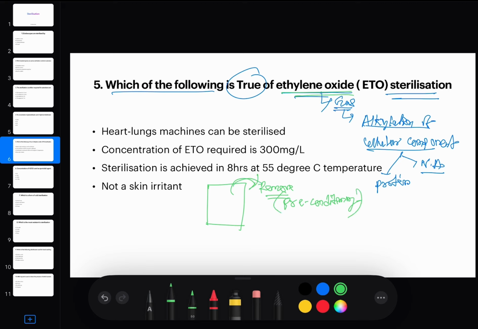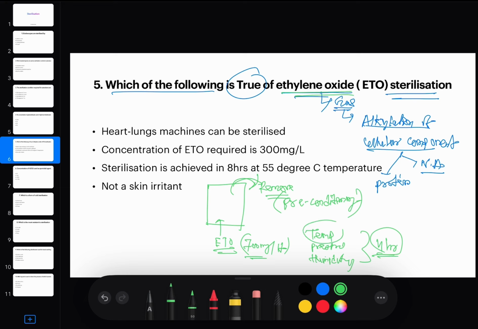First remove the air, create a vacuum, then add ETO, that is ethylene oxide. 700 milligram per liter of ETO is added with constant temperature, pressure and humidity, and allowed for sterilization, which takes nearly 4 hours.